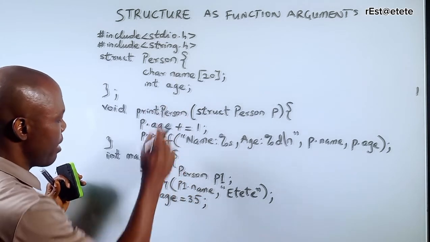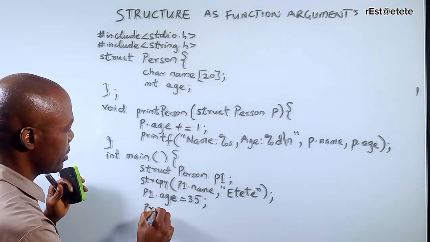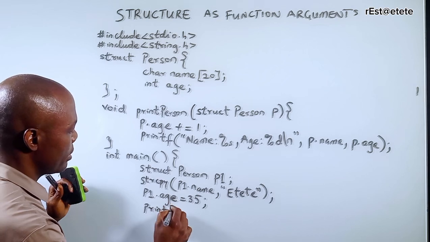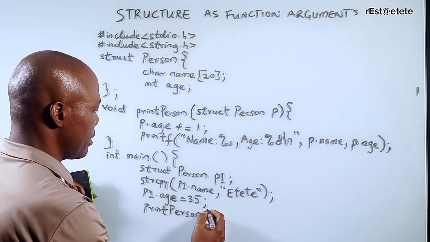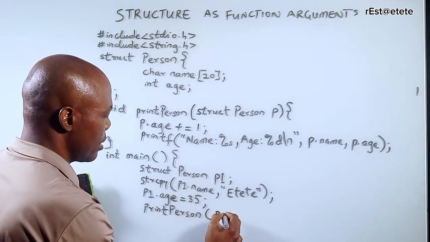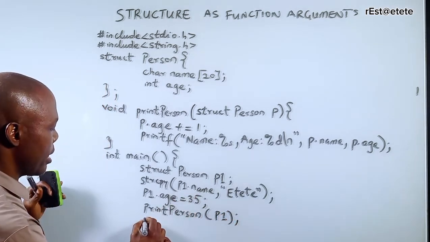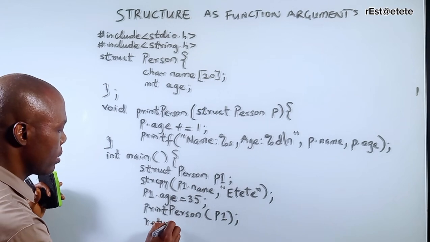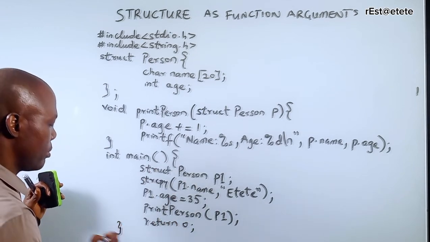Then I will call my function. Here I will say print person. I'm calling the function print person, and I will supply this p1 to it. And then I will say return 0, and close this.